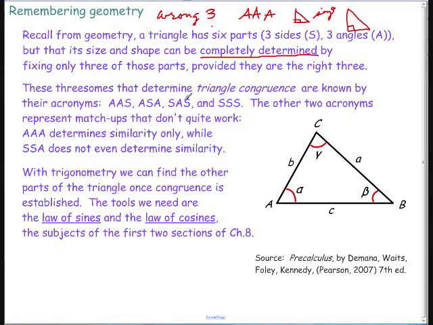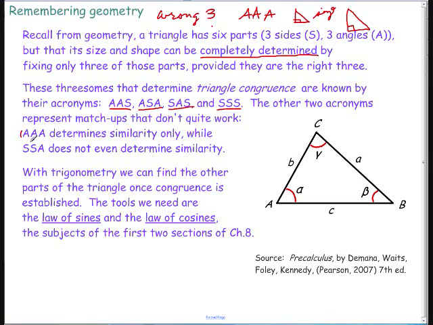But there are some ways that we can. We can figure it with angle, angle, side, angle, side, angle, side, angle, side, and of course side, side, side. You studied these in geometry. There are 2 others that we know don't work.